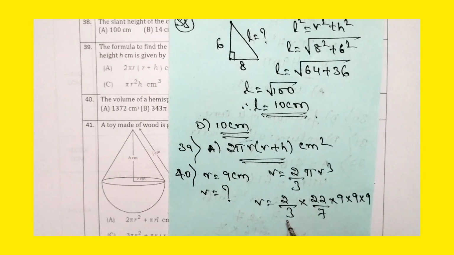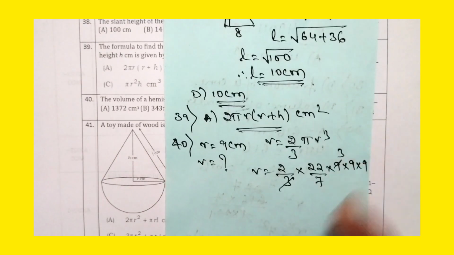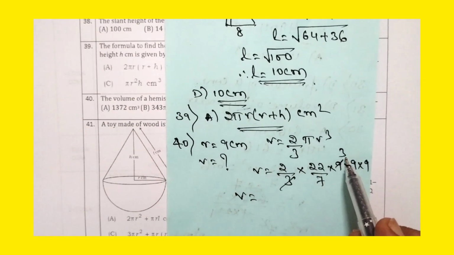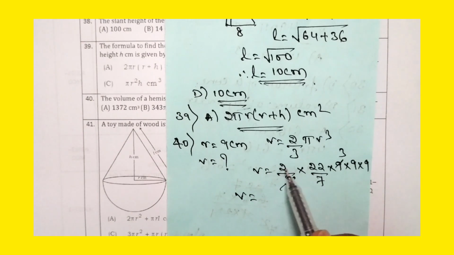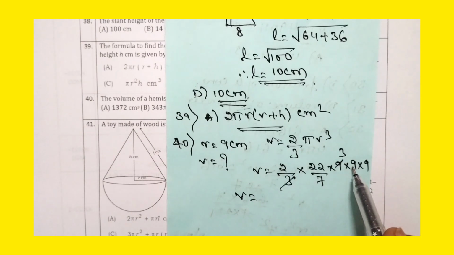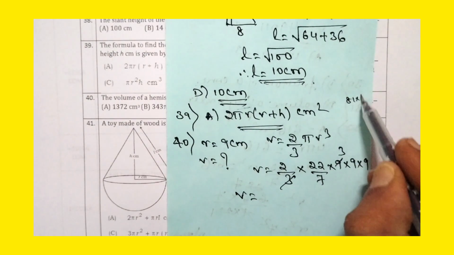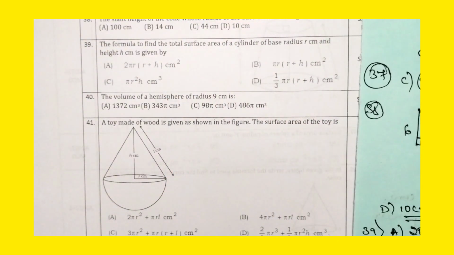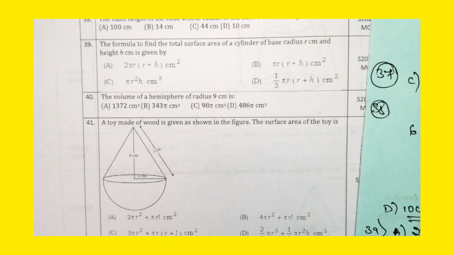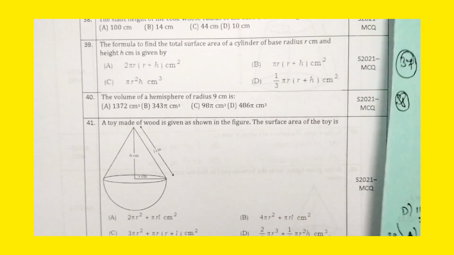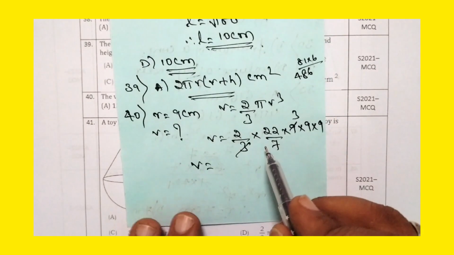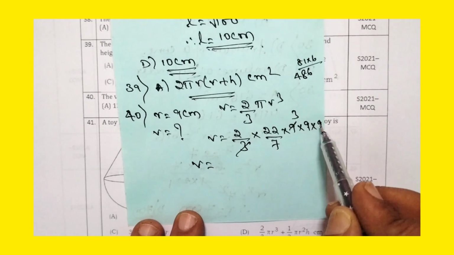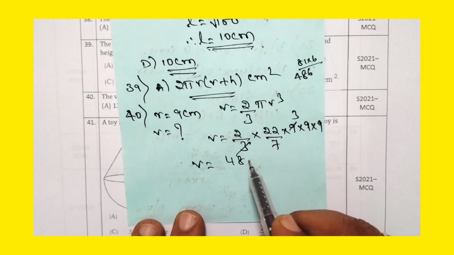9. So 3 ones are 3, 3 threes. So what is the remaining? Volume is equal to 22, 3 threes are 9, 9 into 2 threes are 6, 6 into 81. So 81 into 6: 6 ones are 6, 6 eights are 48, 486. Let us keep pi as it is instead of writing 22 by 7. 2 into 3 is 6, 6 into 9 is 54, 54 into 9 is 486.